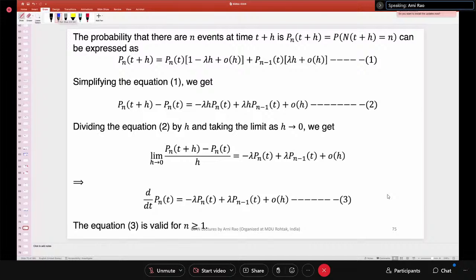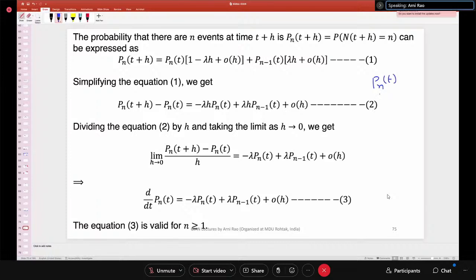You are counting certain things, so the event is a count here. As the initial notation I mentioned, our aim in this question is to obtain P_n(t).